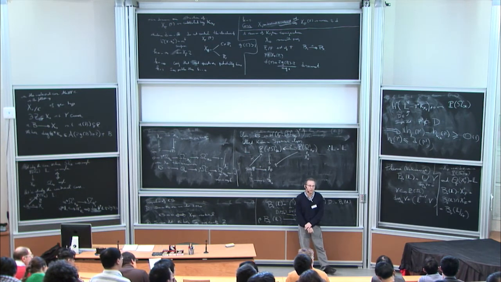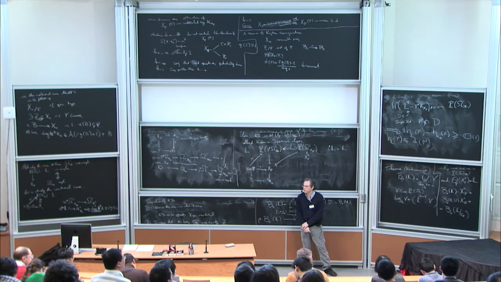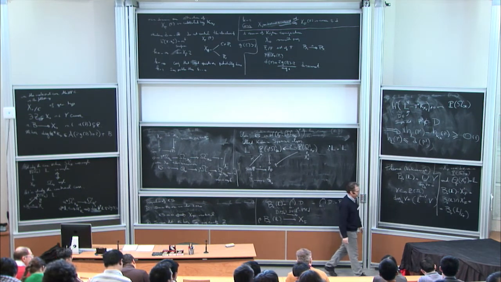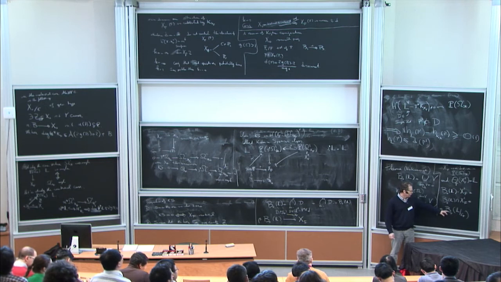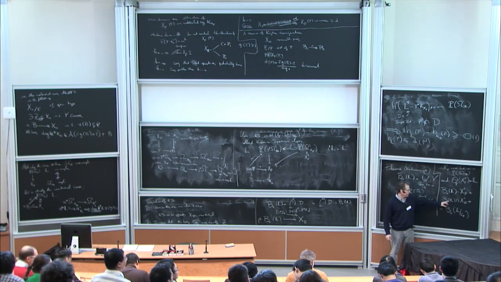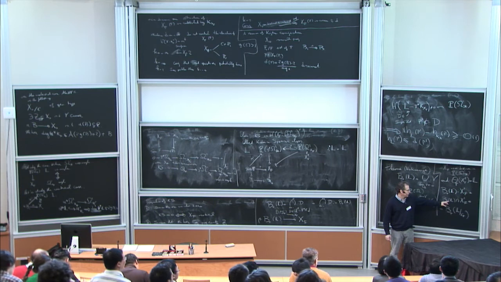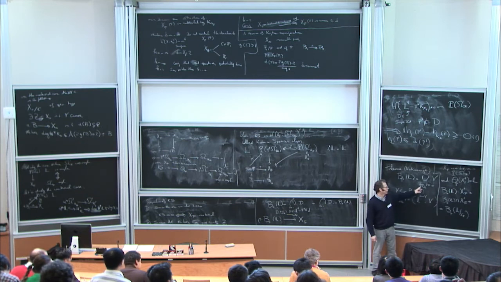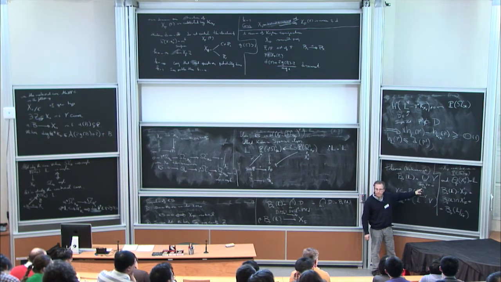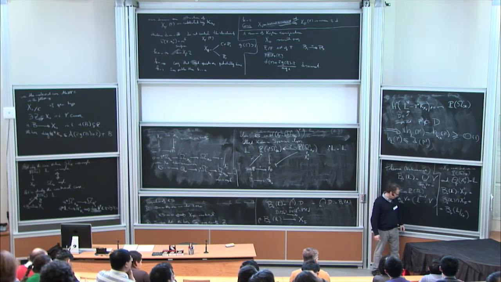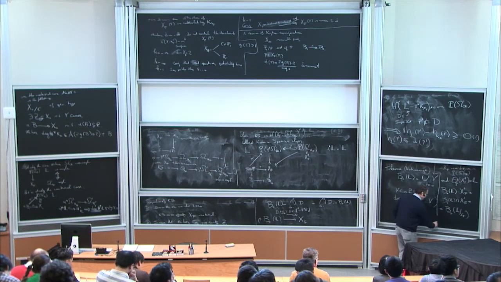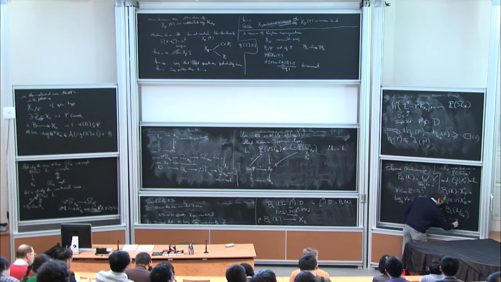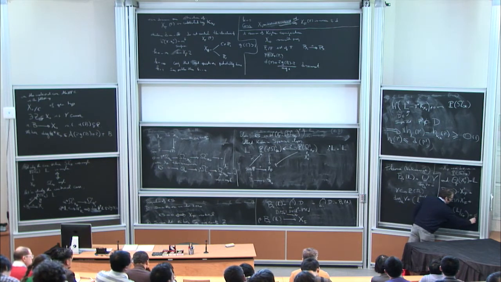The augmented base locus of L restricted to x1f. Why? Because this is exactly the set of the subvarieties of x1f whose degree with respect to L is equal to 0. But now L restricted to x1f is ample. So this is the empty set.